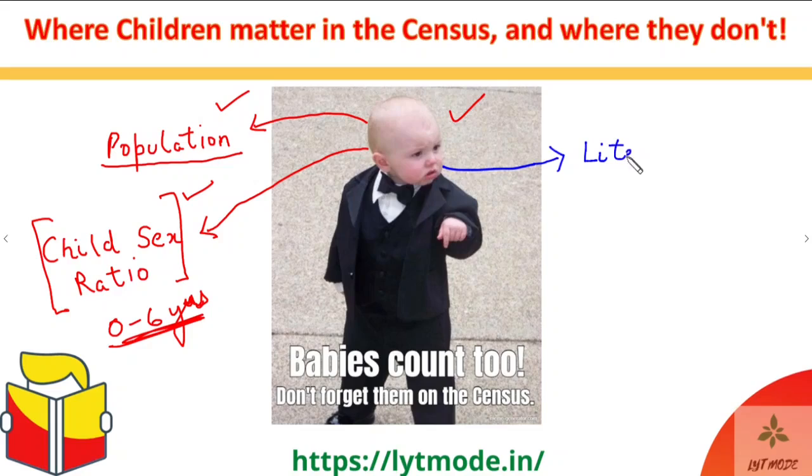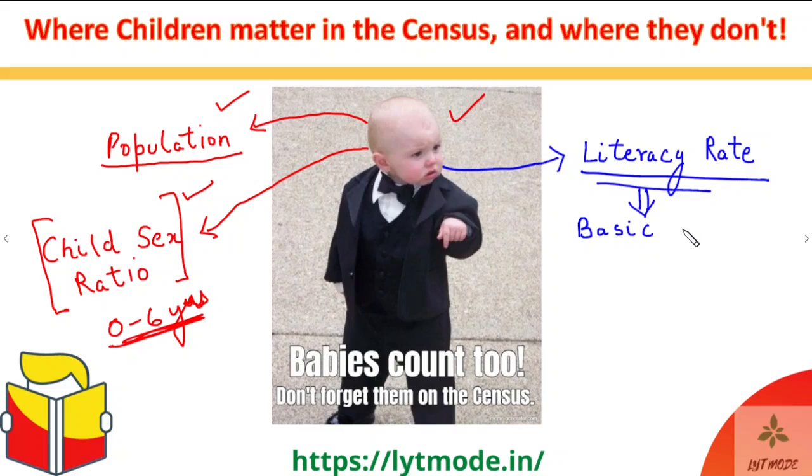So first of all, what is literacy? The literacy rate gives us the percentage of population in a country which is educated, and not just educated but having basic education. Because who is actually counted as educated in the literacy rate?